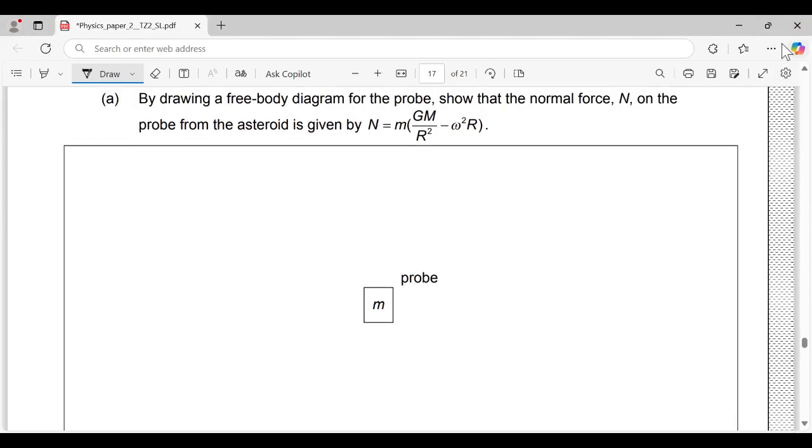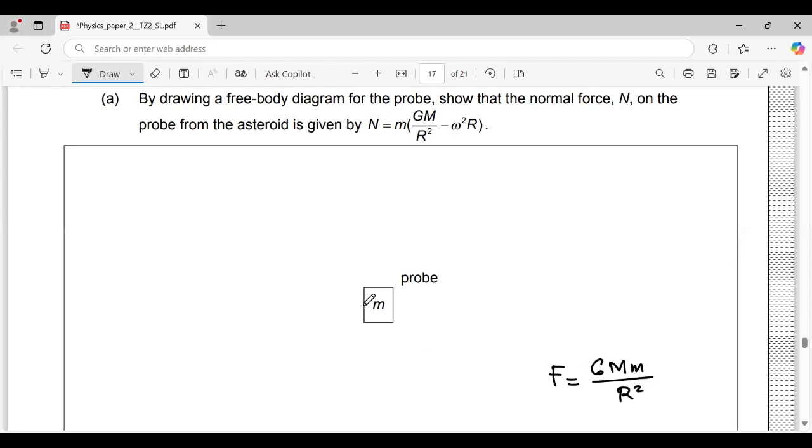I will start with the information that the probe is subject to the gravitational attraction of the asteroid, which is given by the formula I'm going to write here: F gravitational force is G M m over R squared.